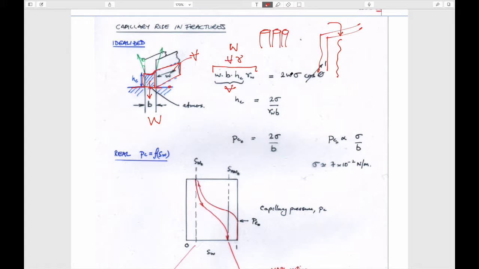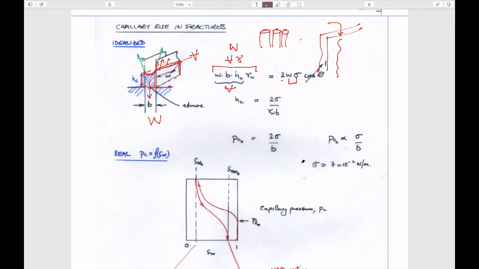The force pulling up is this length multiplied by the interfacial tension acting along this length. Let's make this 1. And there are two sides of the plate, one side here, one side here, and that's what this is.